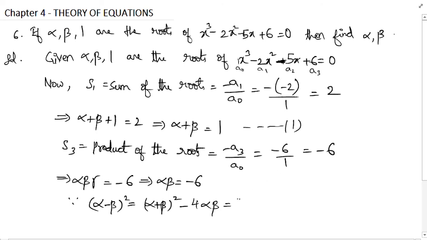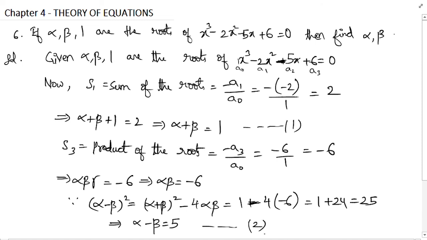Here alpha plus beta is equal to 1, we know, right? So it will be 1 minus 4 into alpha beta, that is minus 6, which is equal to 1 plus 24, that is equal to 25. So alpha minus beta will be equal to the root of 25, that is 5. So we will consider this as 2.